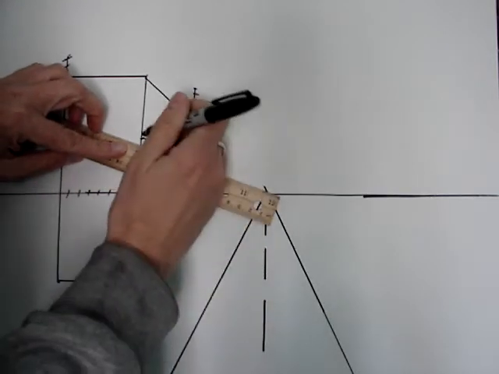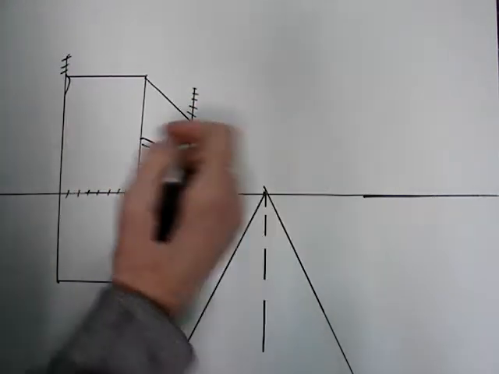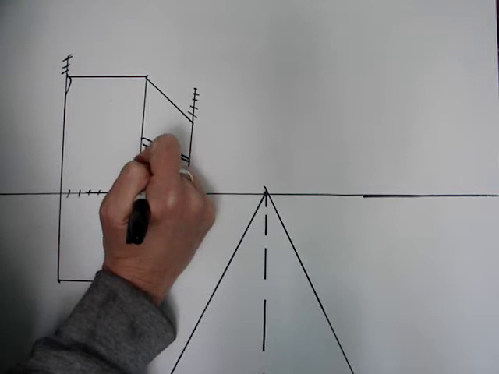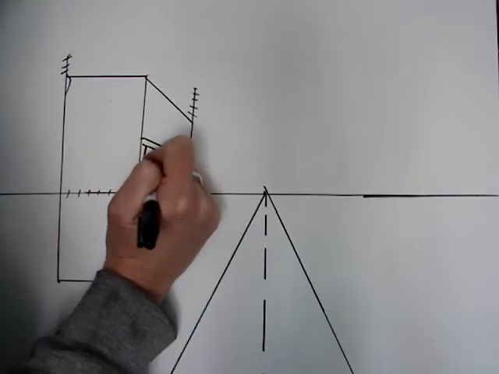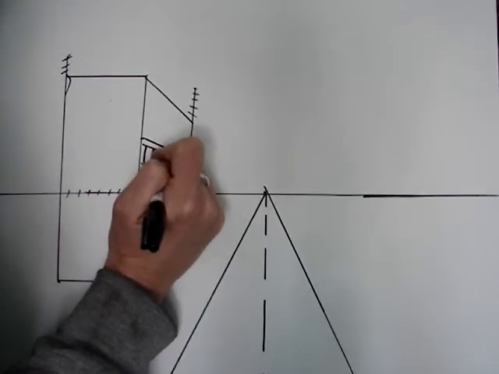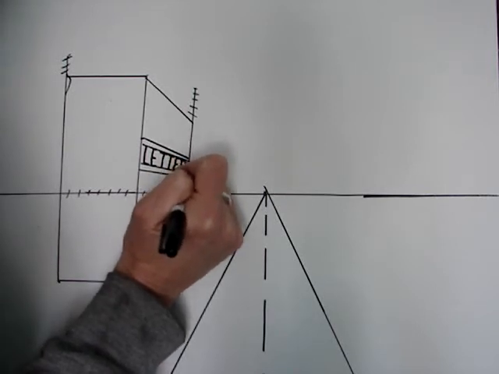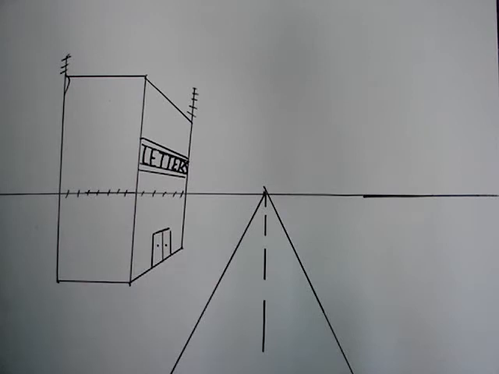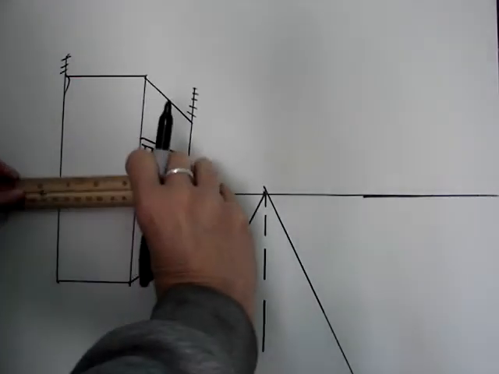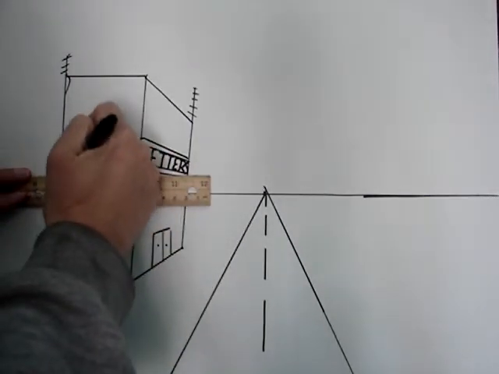And again, do all this in pencil so you can erase. And then you're going to put letters. And your letters need to shrink as they go back. Letters go there.